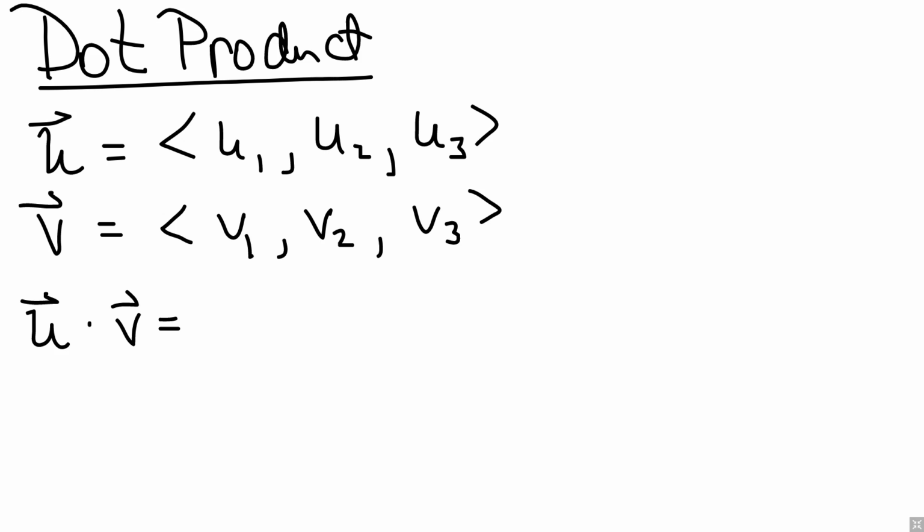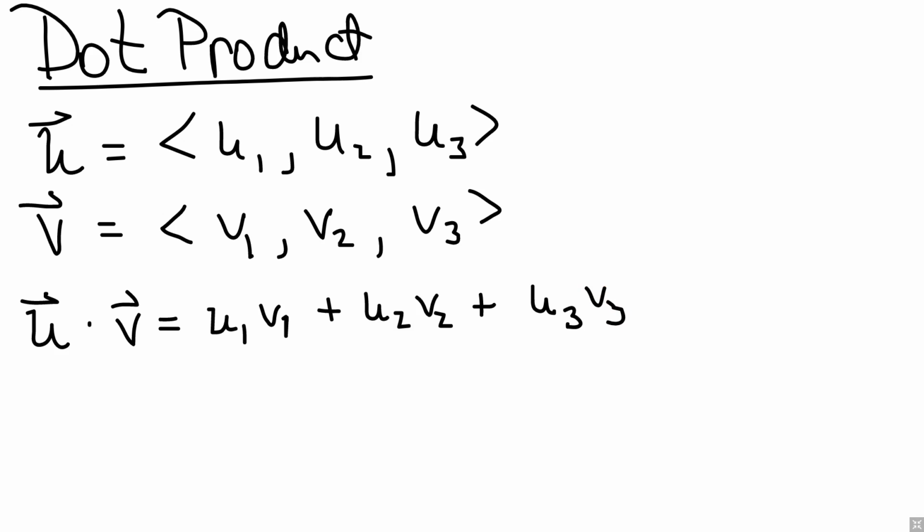All right, so if we do u dot v, what that means is that I'm going to take the i components and multiply them together, add that to the product of the j components, and add that to the product of the k components.